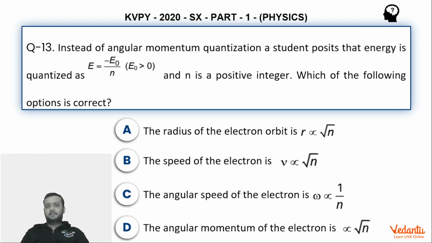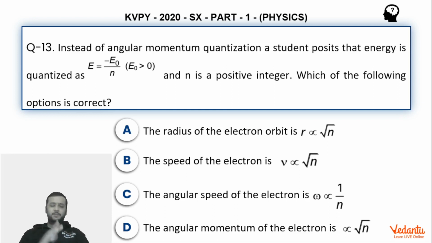That means when we talk about the revolution of an electron around a hydrogen-like atom or hydrogen-like nucleus, basically there are two standard equations which are used to solve such questions. One is the force equation, that is, centripetal force causing the motion around the nucleus, and second is the quantization rule, Bohr's quantization rule.